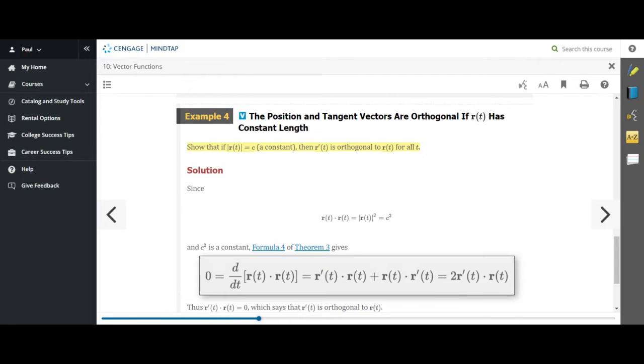And we get this result. But if 0 is equal to 2 times the dot product of r prime and r, well, that means the dot product of the position vector with its tangent vector has to equal 0. Has to.